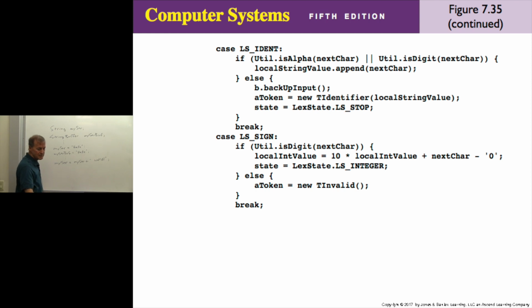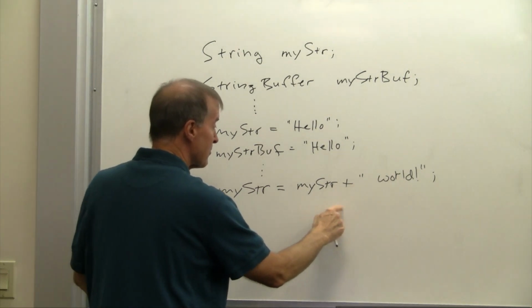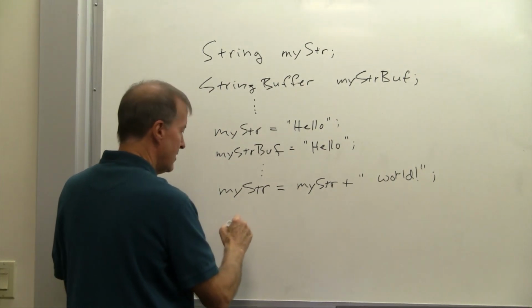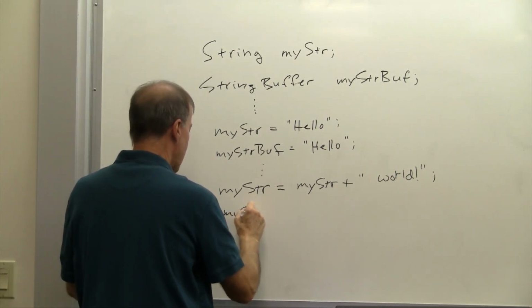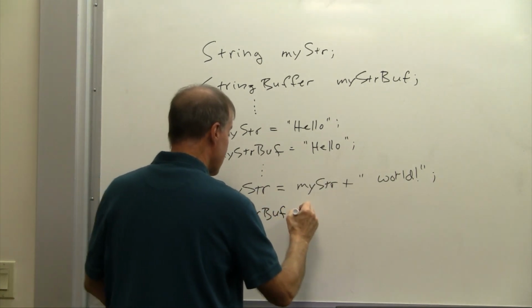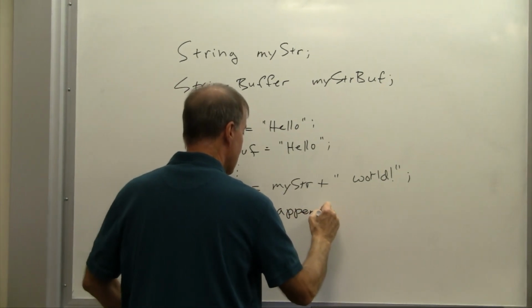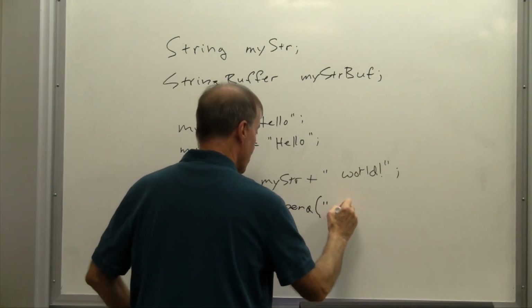We see localStringVal dot append. So there is a dot append that's available. How would you do this? You wouldn't say myStringBuffer gets myStringBuffer and so on. You just say myStringBuff dot append, parentheses, "world".